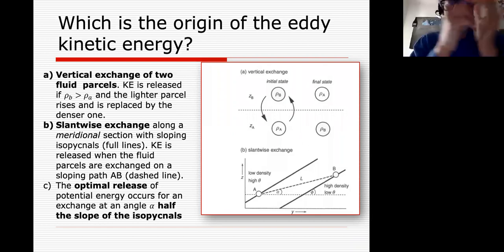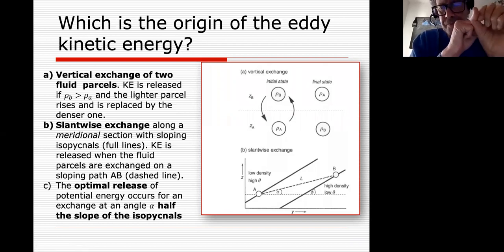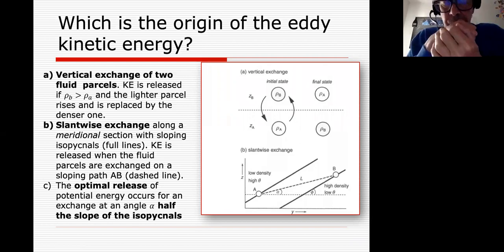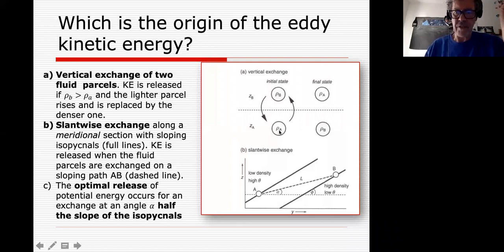We start to look at the upper part of the figure. We have a two-layer fluid, one characterized by a density rho A, the other by a density rho B. And we assume two water parcels, same dimension but different density, one belonging to the upper layer, the other to the lower.